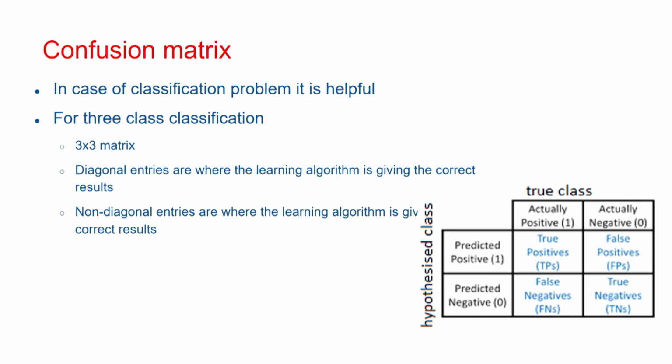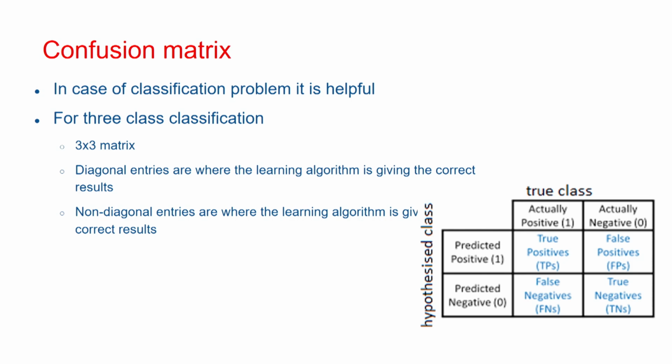These are called false negatives because they were actually positive, but the machine learning algorithm falsely predicted them as negative.